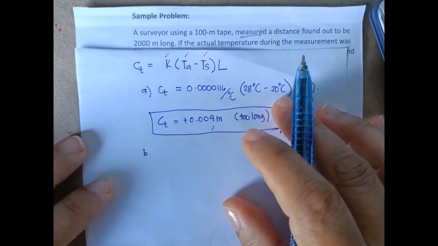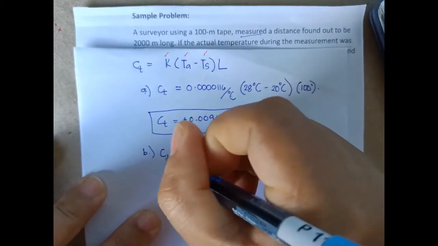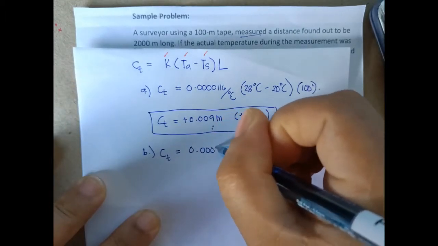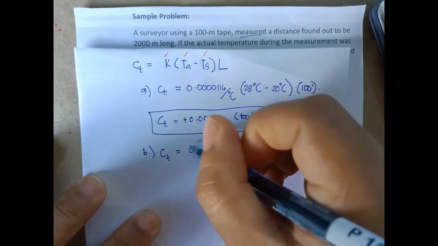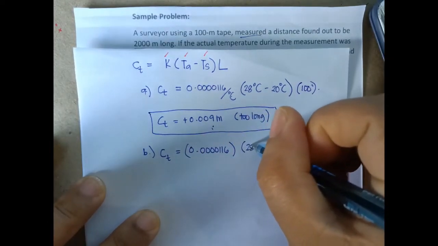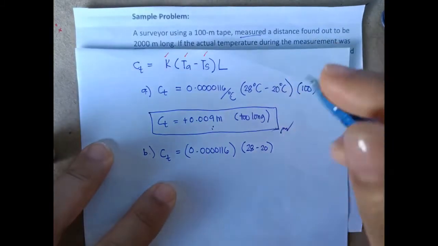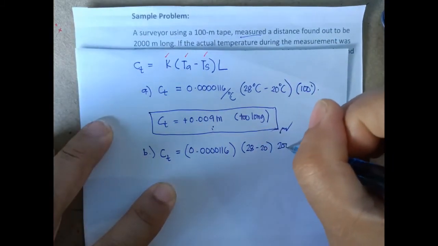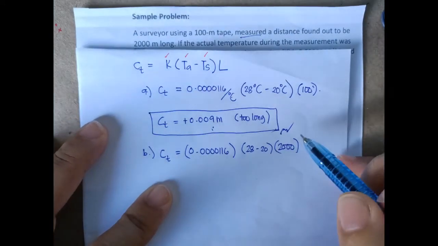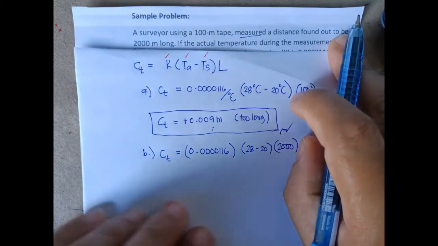For the total measured distance, we will use the formula. You have 0.0000116, I will no longer write the unit, and then 28 minus 20, and L, now take note, it's 2,000 meters. Why 2,000 meters? Because we are asked for the total correction of the measured distance.